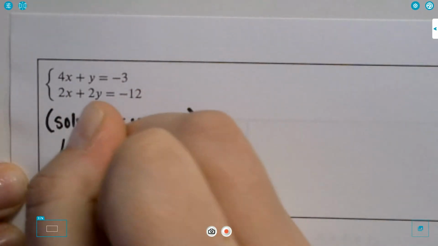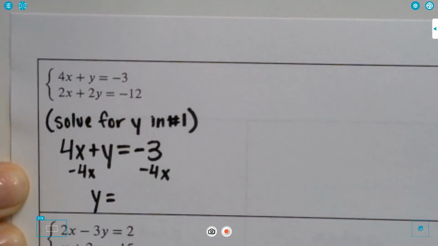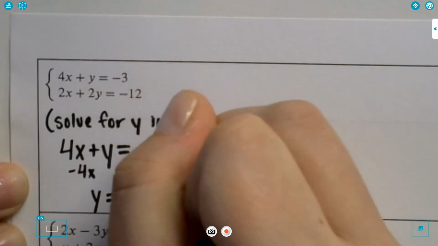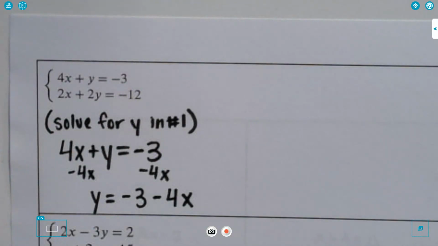Now I'm going to get y equals -3 minus 4x. So that right there is the new part of today. That is your new step 1, is solve one equation for x or y.